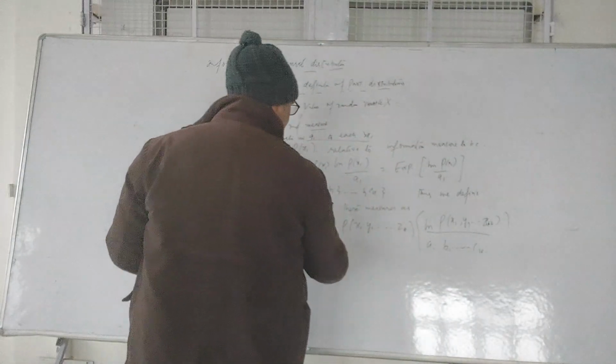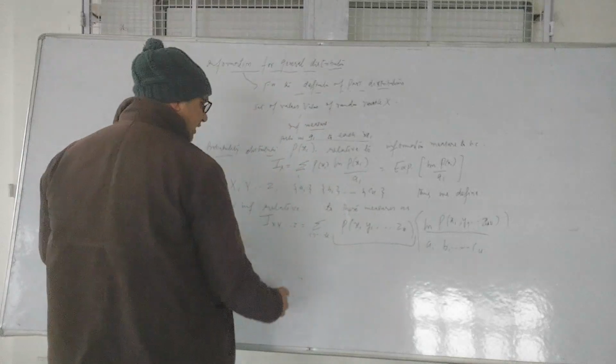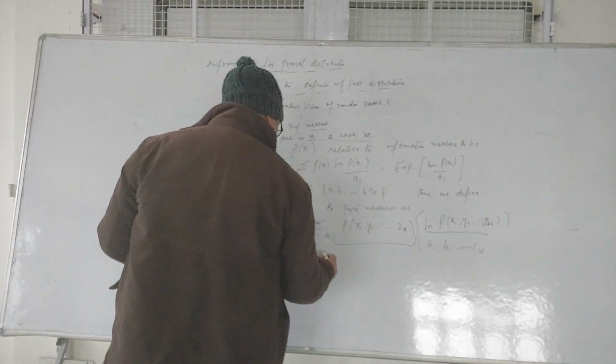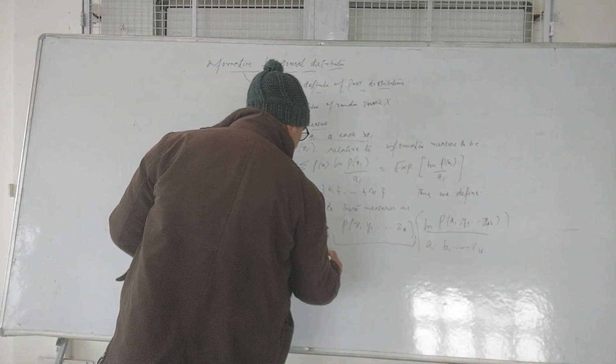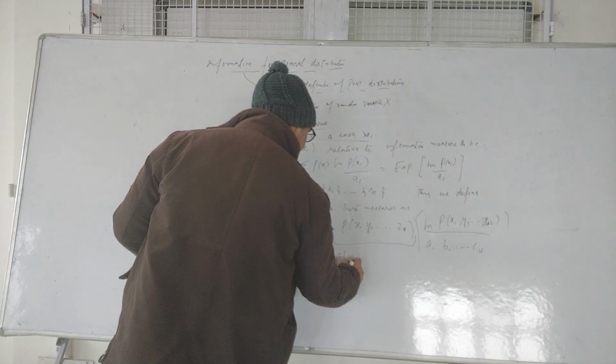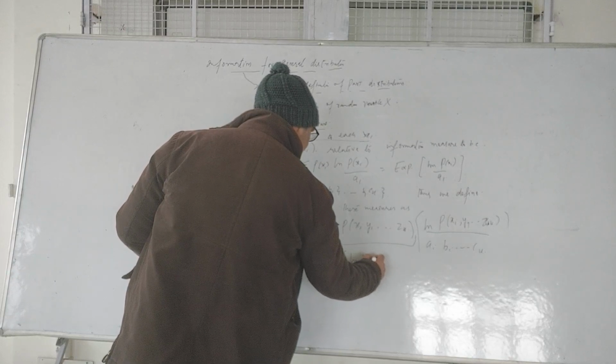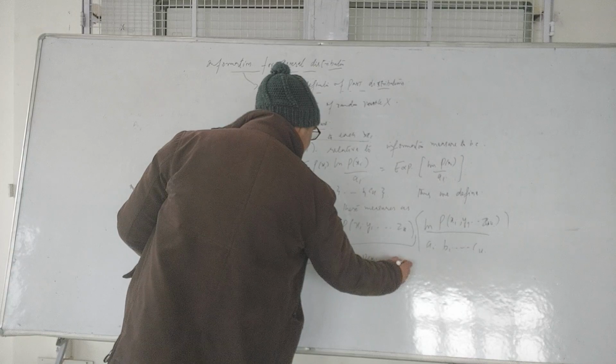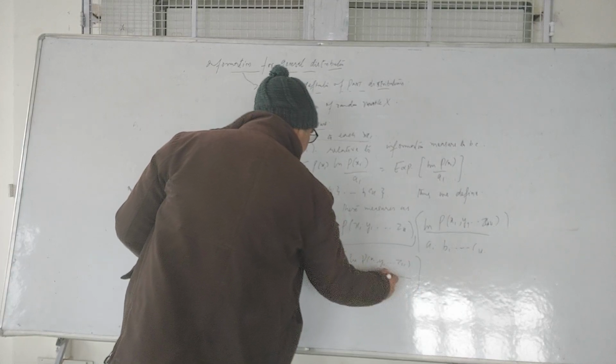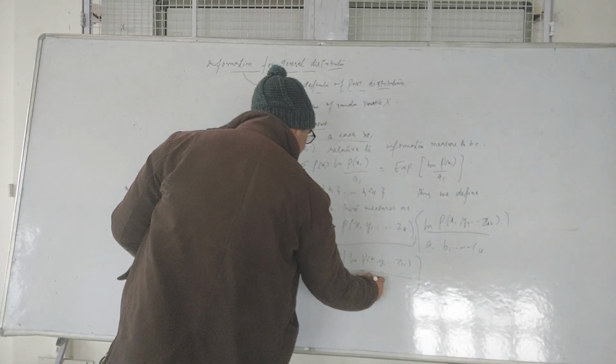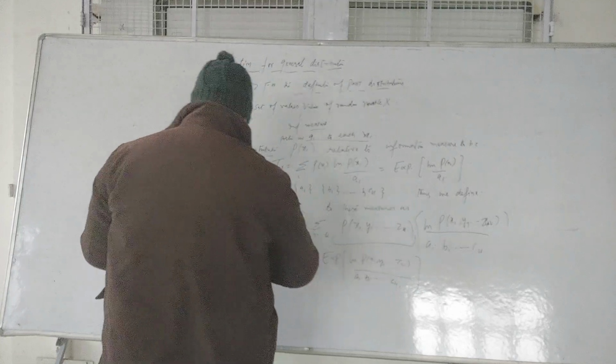You can write this as an expectation of log of p(x_i, y_j, z_k) over a_i, b_j, c_k.